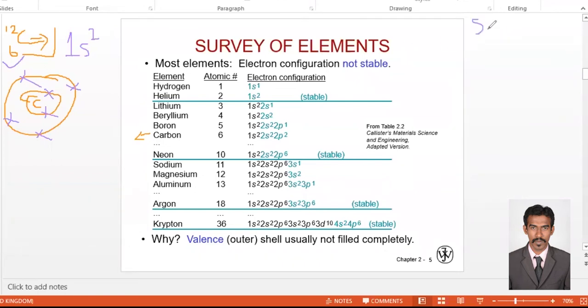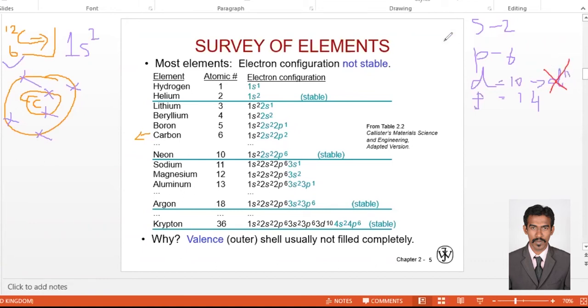I already told you s maximum 2, p maximum 6, d maximum 10, and f maximum 14. So this is actually the maximum. Maximum means in the d orbit it can have up to 10. In the d orbit it can't have 11, so d11 is wrong.